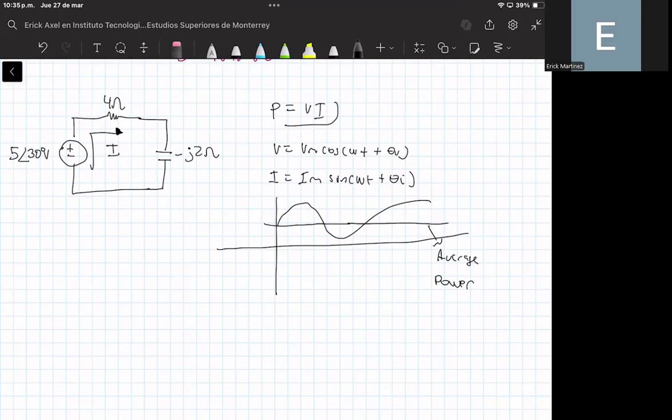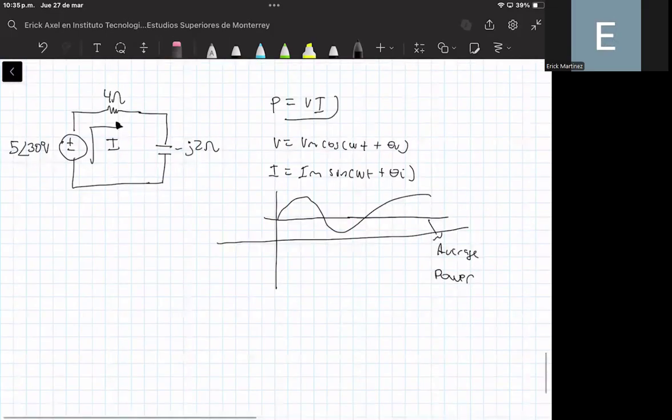But typically, we do not compute this instantaneous power because it changes with time. Instead of analyzing the instantaneous power, we want to compute a metric that does not change with time. And that component is the average power. You can compute the average power of any component in a circuit by the following expression.